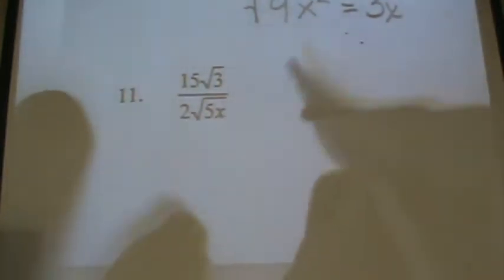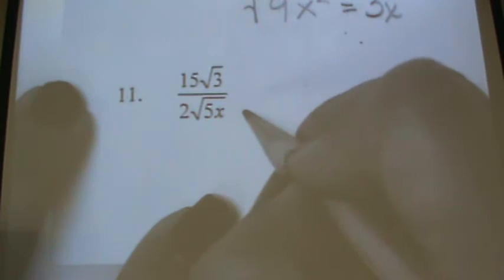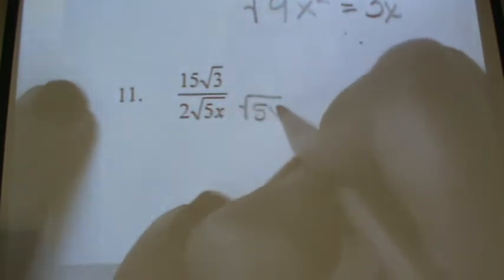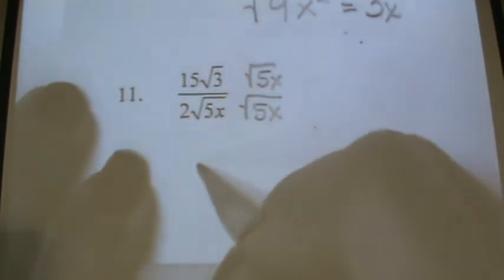Number 11. There's nothing that can cancel, so we just need to rationalize this denominator. We need a 5 and an x. So on the top, we have 15 times root 15x.